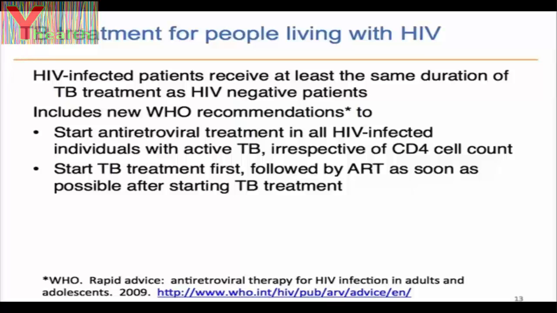Secondly, all patients with HIV infection and active tuberculosis should be started on antiretroviral therapy, regardless of their CD4 cell count. In general, TB treatment should be started first, and antiretroviral treatment should be started as soon as possible after TB treatment begins.